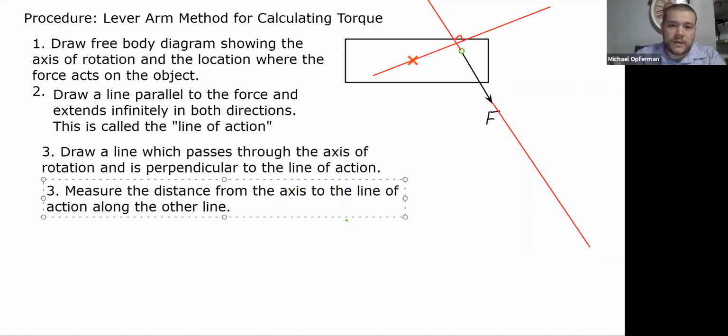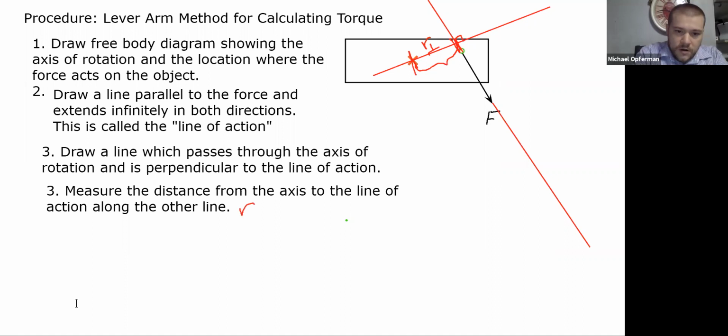So in other words, what I'm talking about here is you want to measure this distance here from the axis on one end to the line of action on the other end in the direction that you went in the second line, perpendicular to the line of action. And we'll call this R subscript perpendicular because it's the distance perpendicular. And okay, so that is R perpendicular.